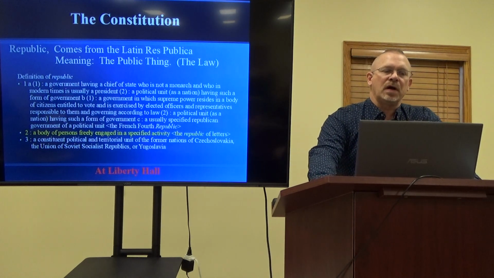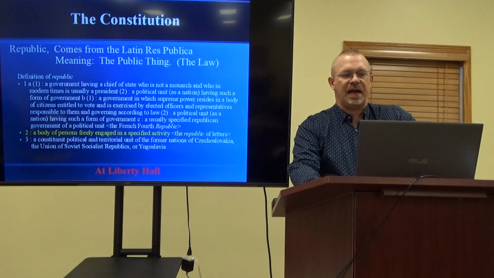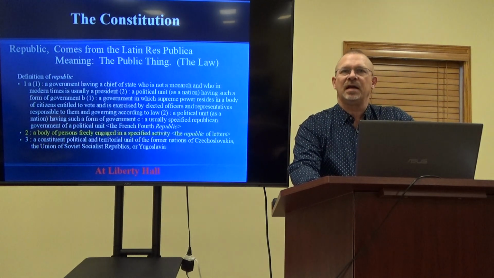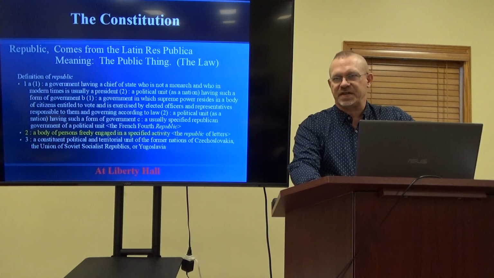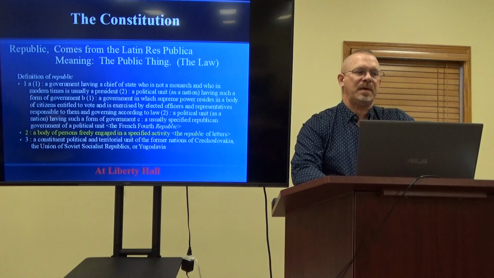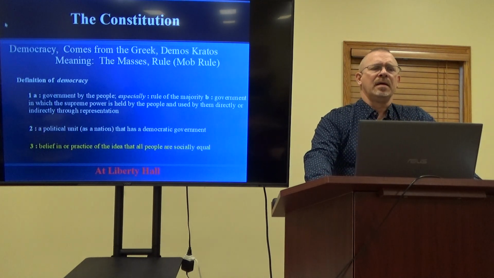So, if we look at the definition of republic, number 2, a body of persons freely engaged in a specified activity. One of the keystones to republic is representative government. It has to be representative. Democracy. Where does that come from?